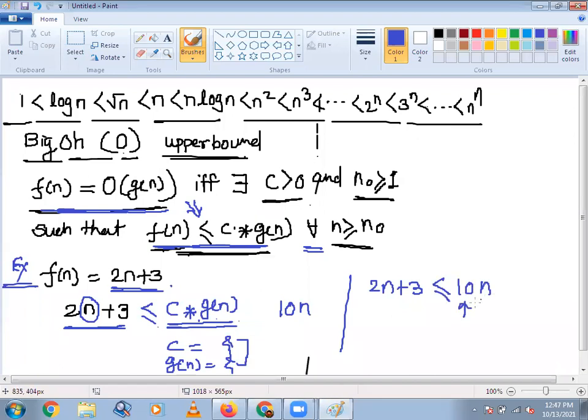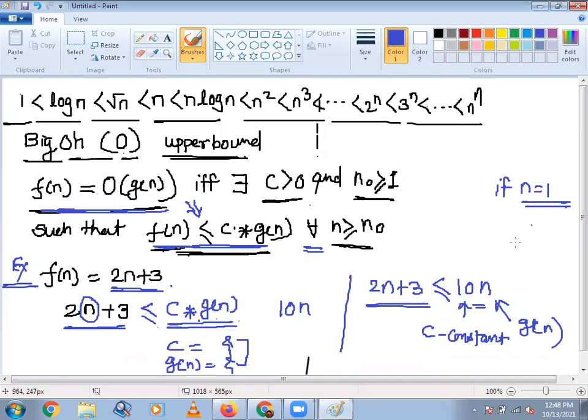Here suppose this is a constant c, and this is g of n. Does this satisfy the equation? Put n is equal to 1.